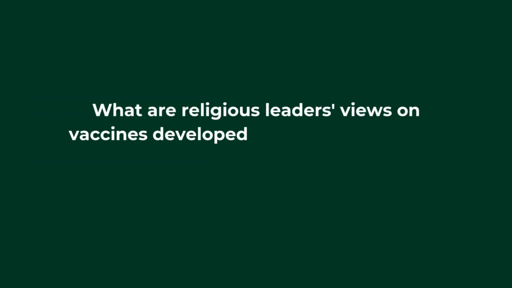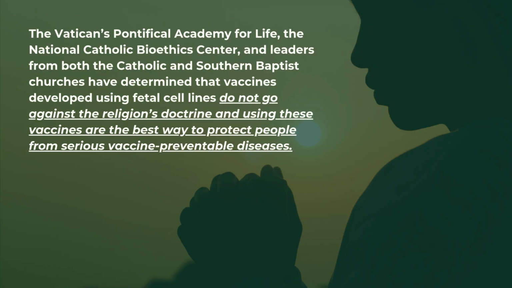What are religious leaders' views on vaccines developed using fetal cell lines? The Vatican's Pontifical Academy for Life, the National Catholic Bioethics Center, and leaders from both the Catholic and Southern Baptist churches have determined that vaccines developed using fetal cell lines do not go against the religion's doctrine, and using these vaccines are the best way to protect people from serious vaccine-preventable diseases.